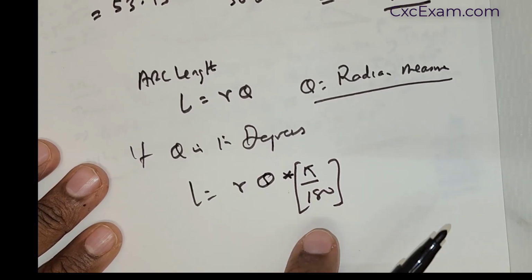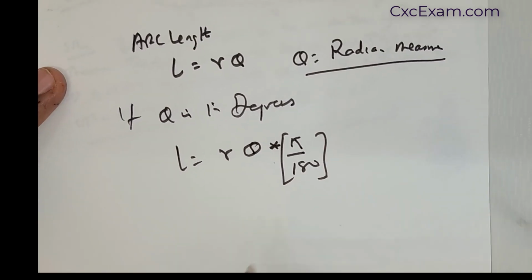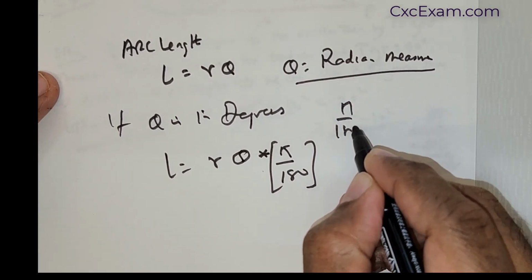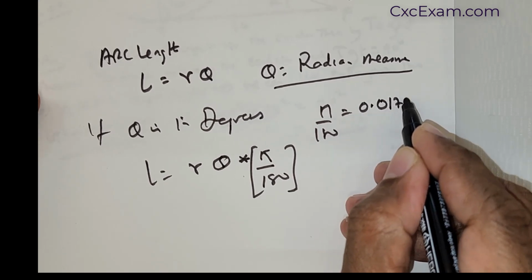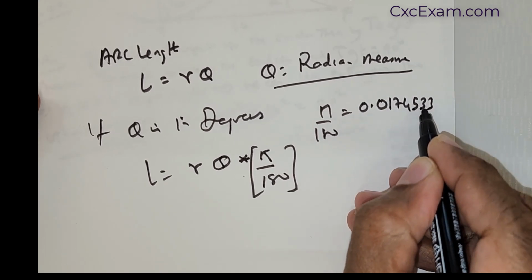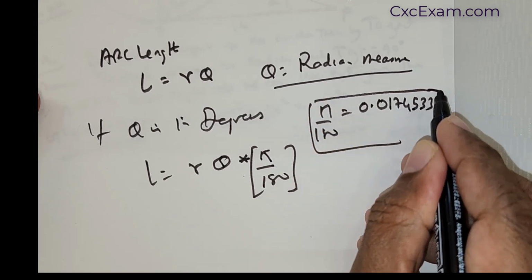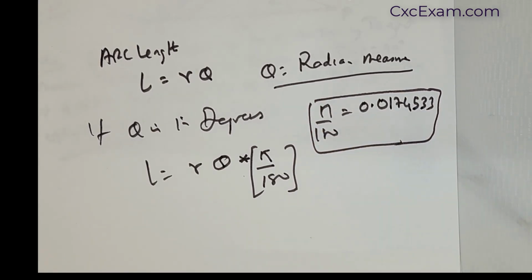So this is the conversion factor. This pi over 180 actually has a value of 0.0174533. So you can have this in the corner of your mind so that you can use it directly.